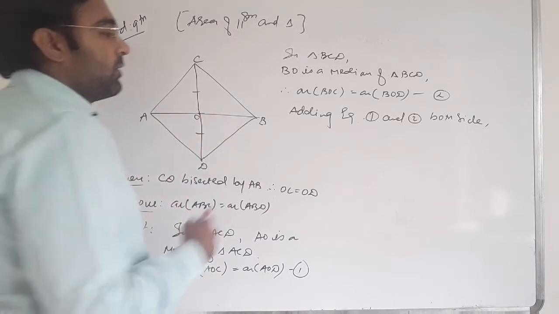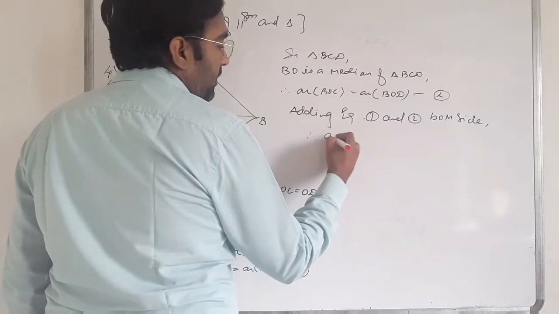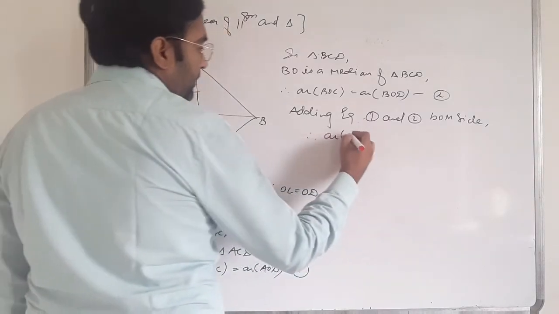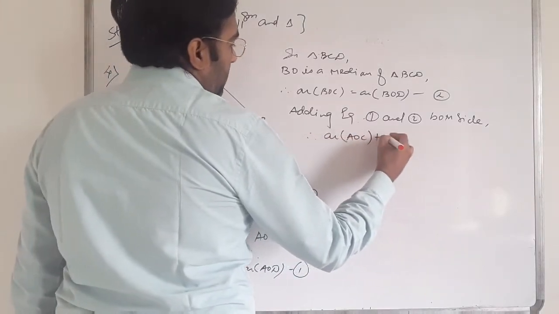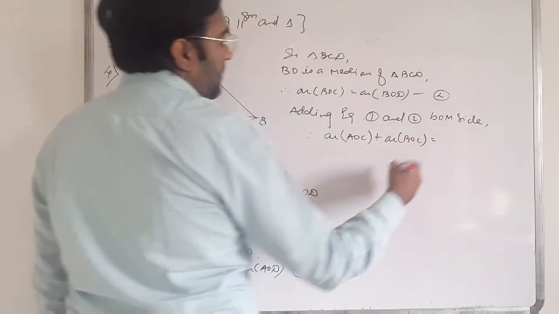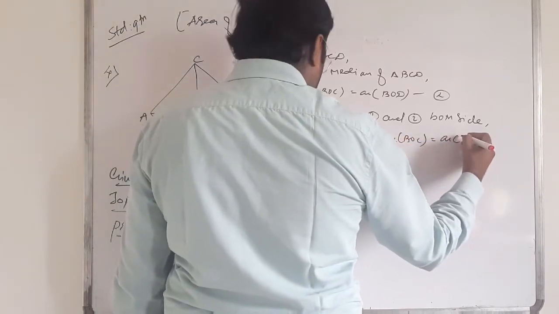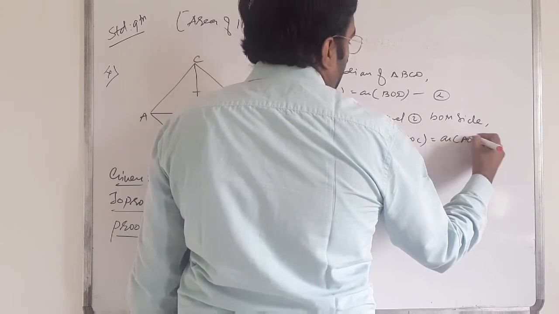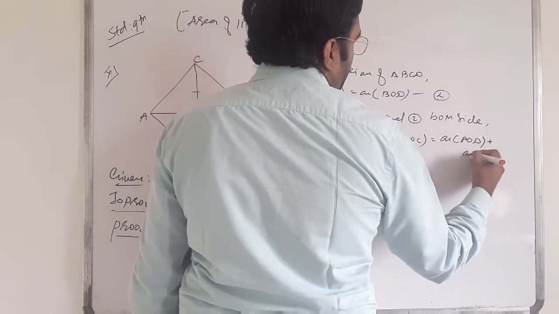Therefore area of AOC plus area of BOC is equal to area of AOD plus area of BOD.